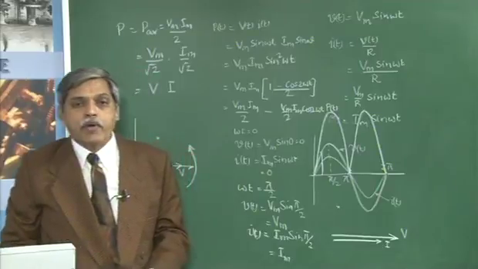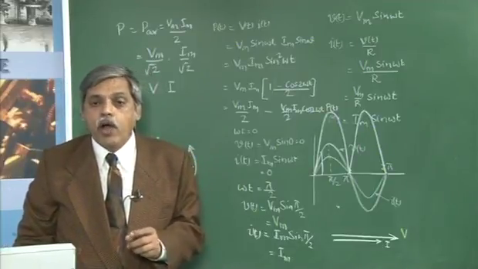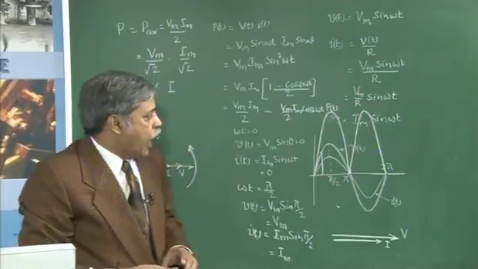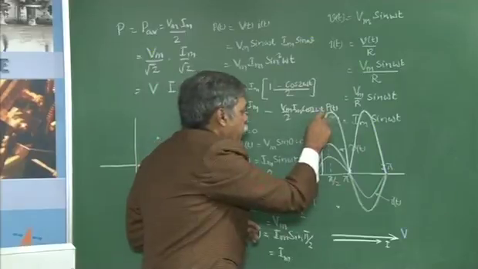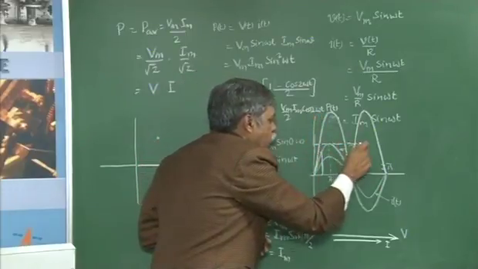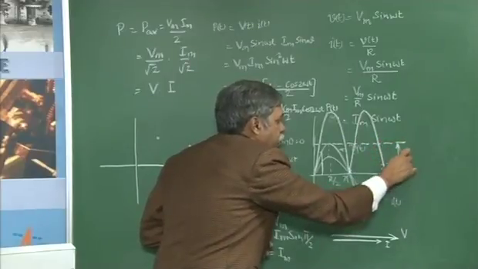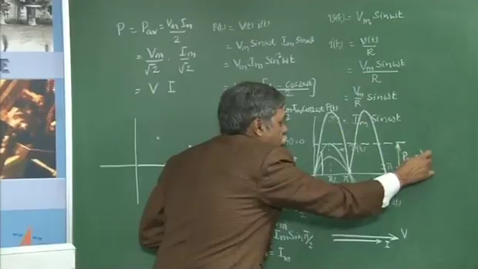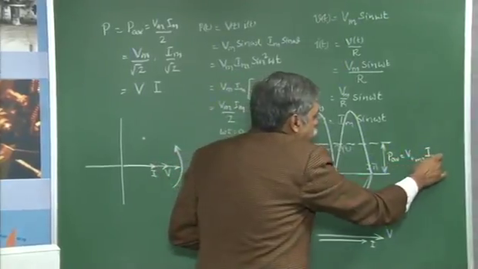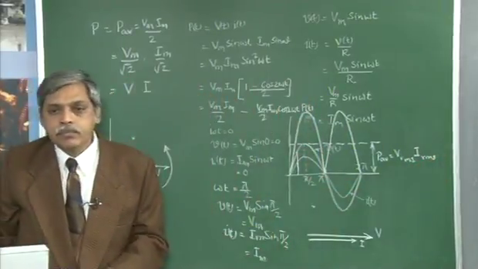So the average power in a pure resistor is given by the product of the RMS value of the voltage and the RMS value of the current. The average power on the waveform can be represented by the average ordinate here, which is given by P average equals the RMS value of the voltage multiplied by the RMS value of the current, like this.